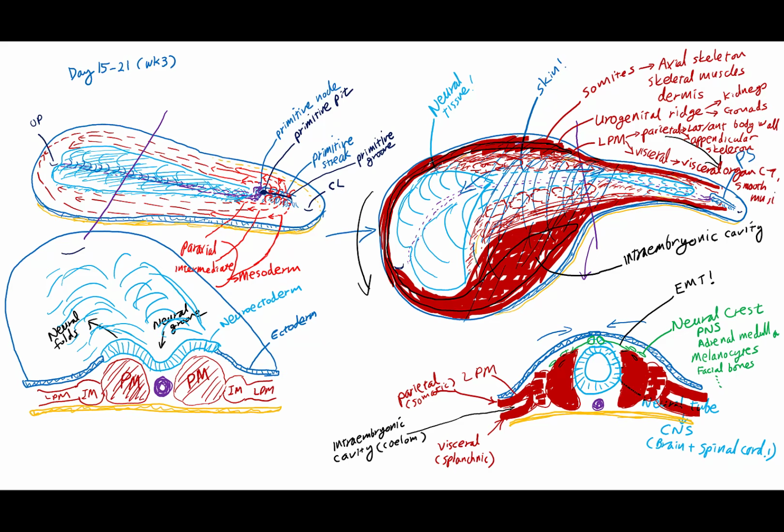Even the heart comes from the visceral LPM, as well as the majority of the blood vessels within our body. This horseshoe-shaped intra-embryonic cavity too will give rise to the adult structures. So the pleural cavity, the pericardial cavity, and the peritoneum are all deriving from the intra-embryonic coelom.